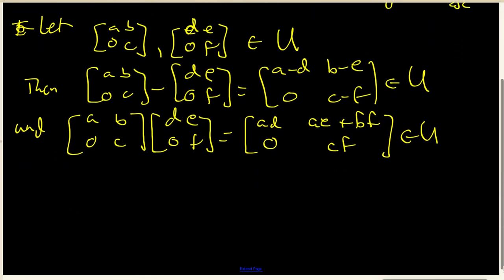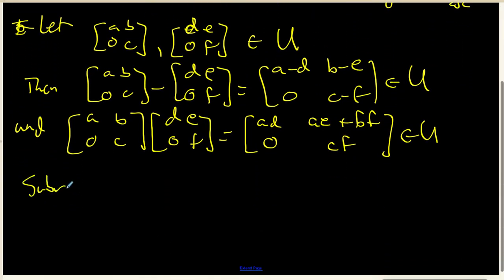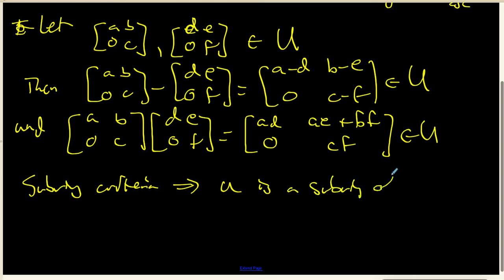And so the subring criteria says that U is indeed a subring of our ring of matrices.